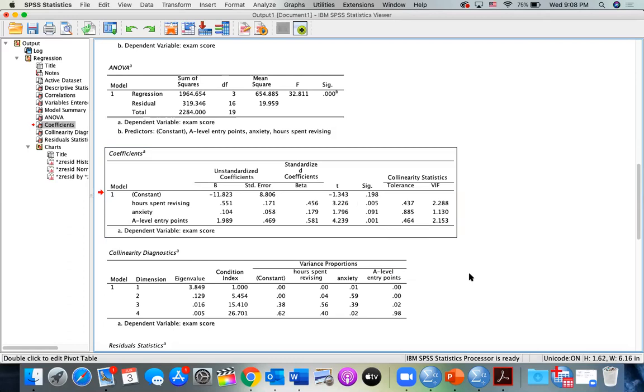So this is the second thing we want to know from this coefficients table. The third and the last thing we want to know from this table is the unstandardized coefficients, or simply the coefficients. So the way of interpreting coefficients is, if there is a 1 unit increase in hours spent revising, the exam score will increase by 0.55 unit.